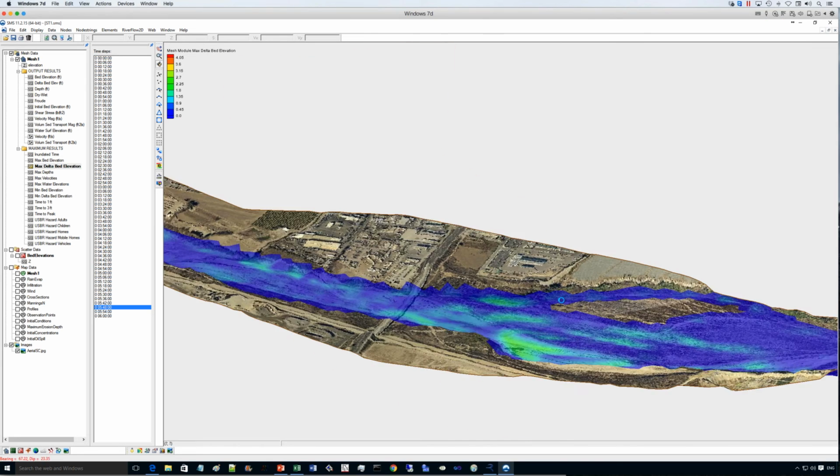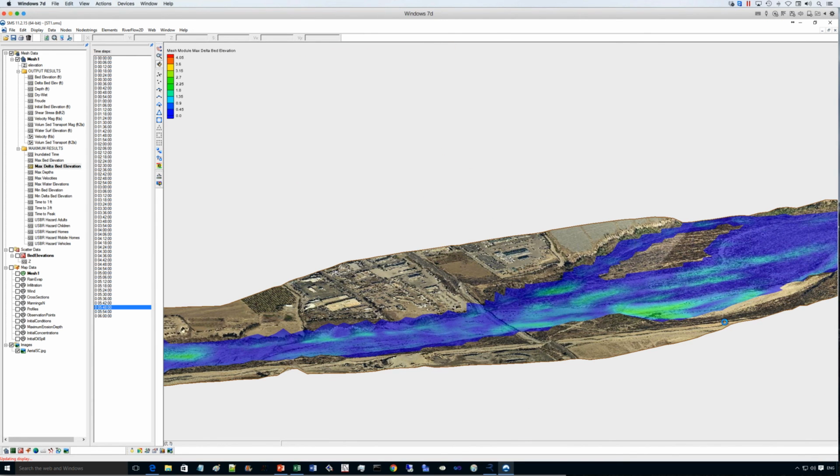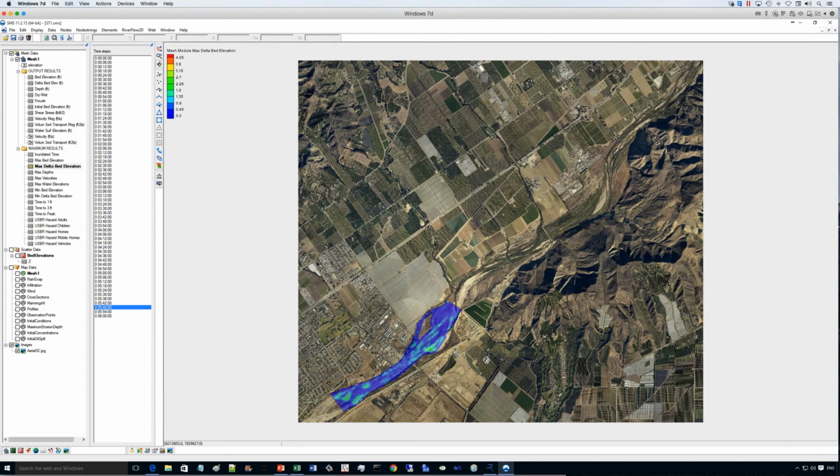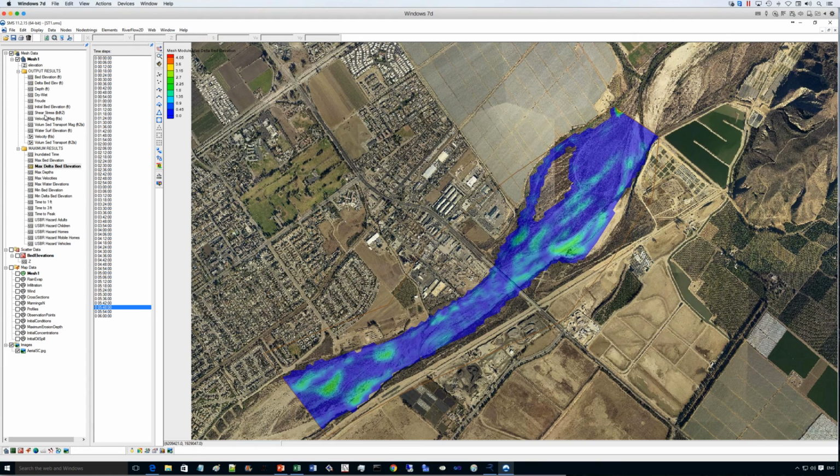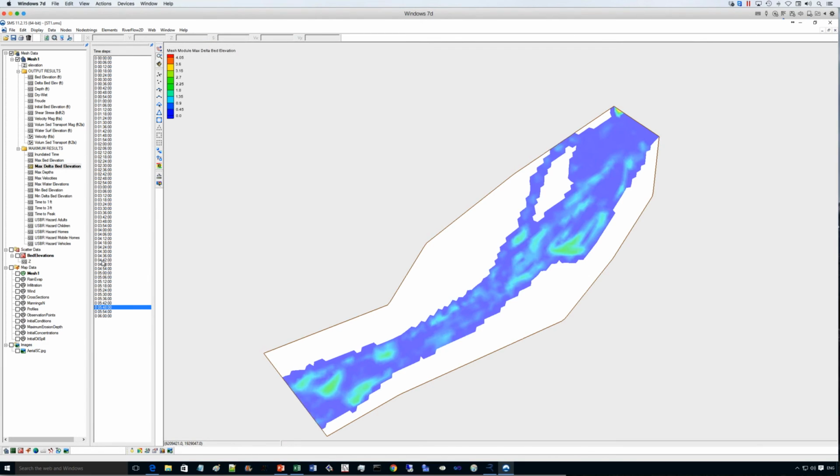Now let me show you a very useful feature that you find in SMS, which is that you can draw profiles and extract profiles from the area. So let me turn off here the image, and let me use the profile coverage to enter a profile.